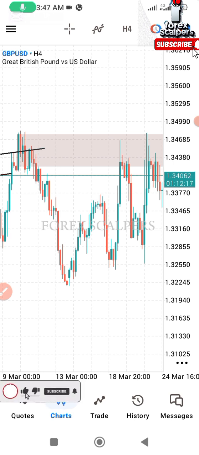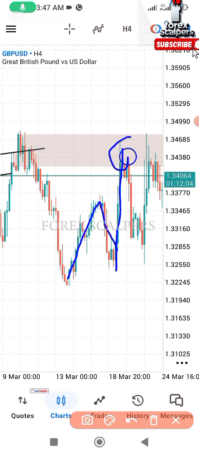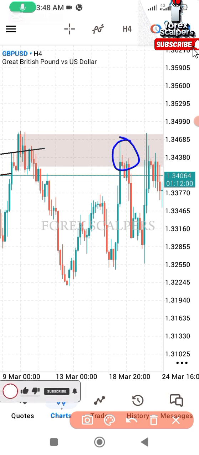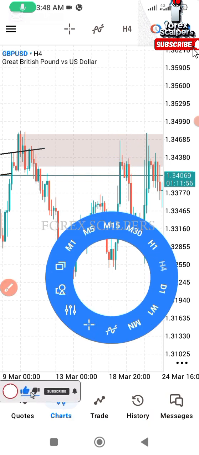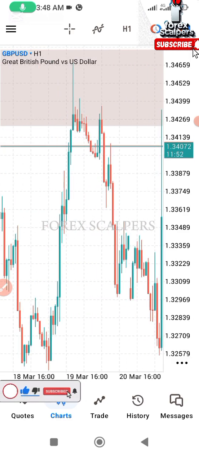So what is the next thing you want to see? You have to be patient enough for price to build back. So price went up, price came down, and then price built back into that zone of liquidity. And immediately price came into this zone of liquidity, all you need to do is move to your lower time frame, either your 1 hour or your 15 minutes.